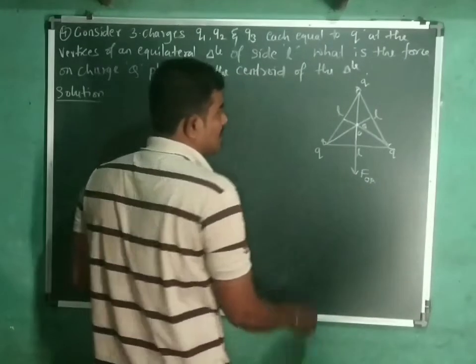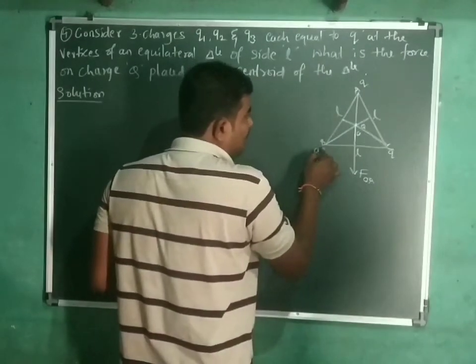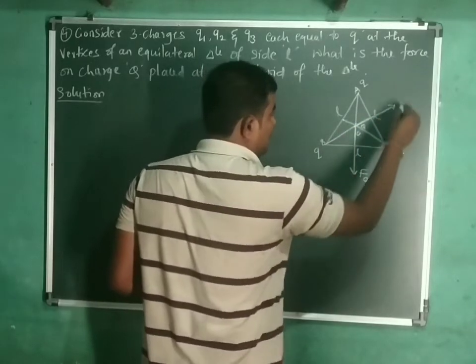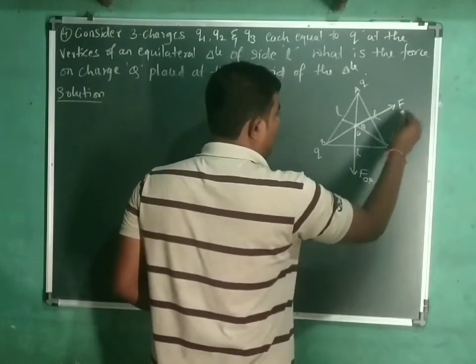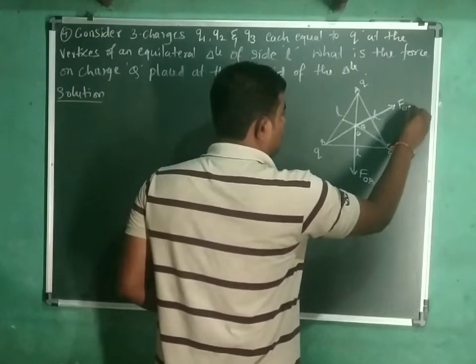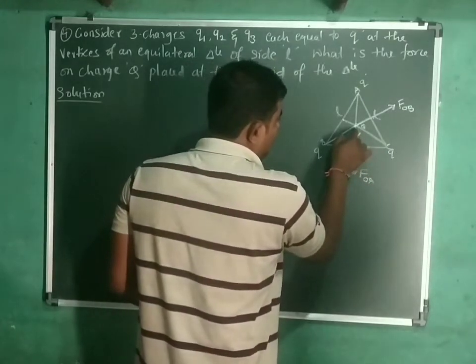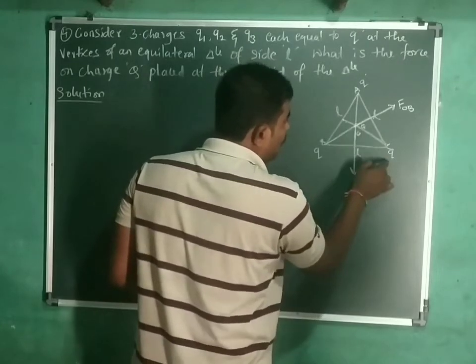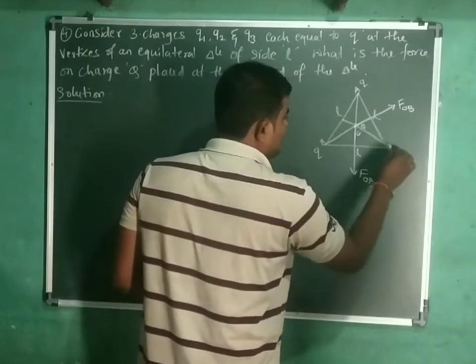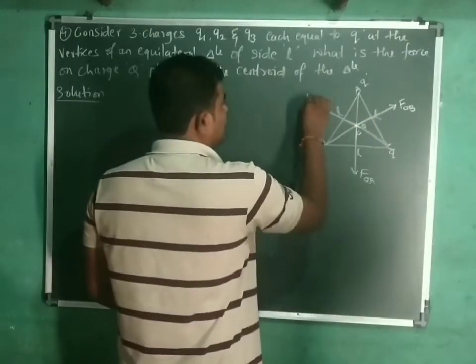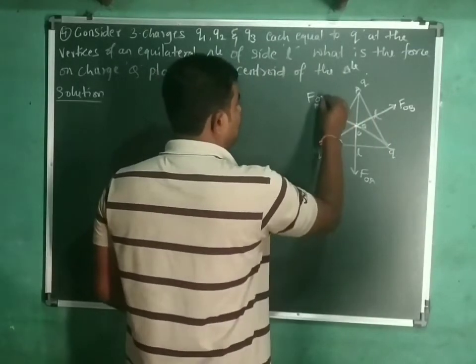Similarly, this B charge will also repel O in this direction. Let us call it FOB. Similarly, this Q charge located at the centroid will also get repelled by the charge located at C in this direction, and this is FOC.